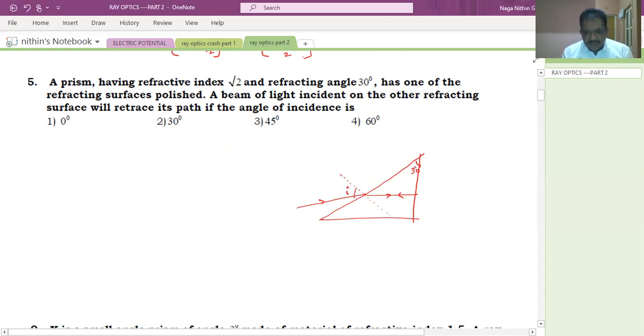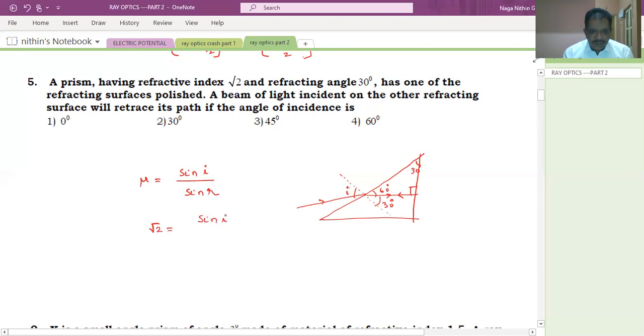This is 30, na? This will be automatically 90. This will be 60, because the three angles in a triangle sum to 180 degrees. So this angle will be 30 degrees. Yes, you can find now. So mu is equal to sine I by sine R. Mu value √2.